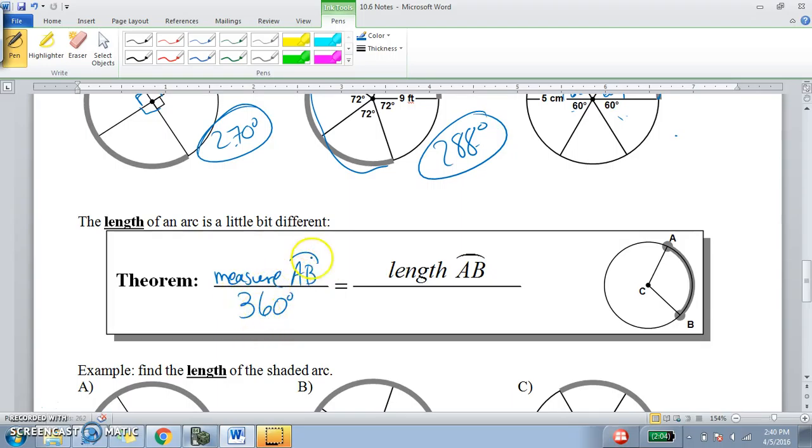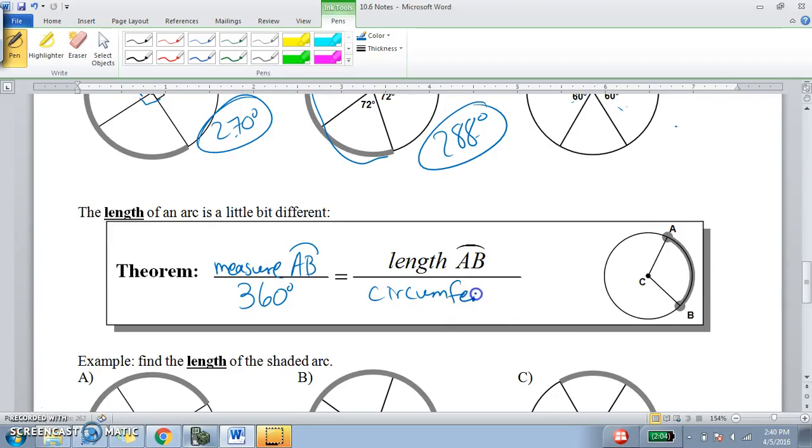Those two numbers are going to be compared to the length of the arc over the entire circumference. The circumference is the length all the way around the circle, or 2 pi r. So we're always going to compare the arc measure, or the degrees, over 360 to the arc length over circumference.